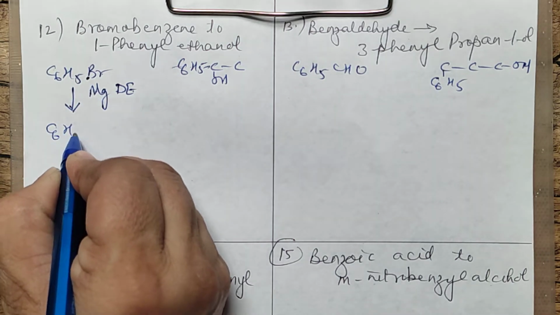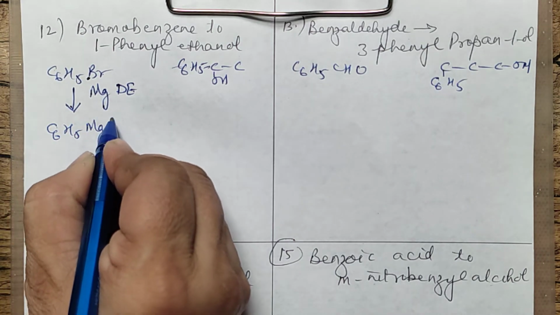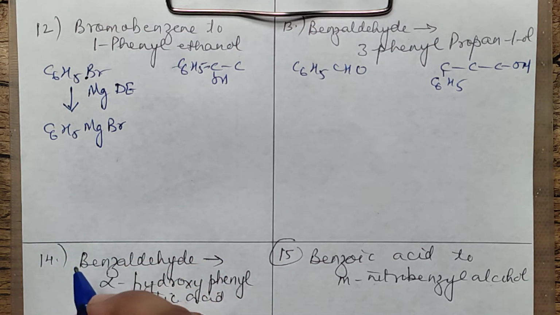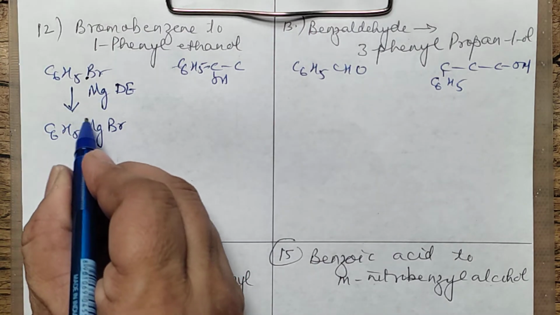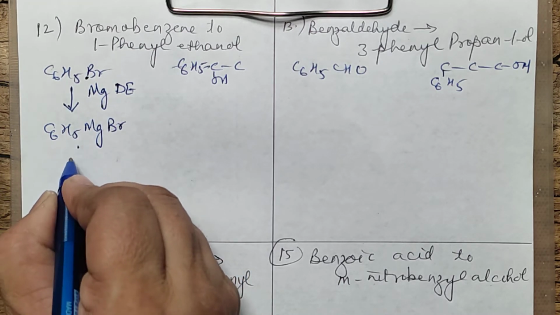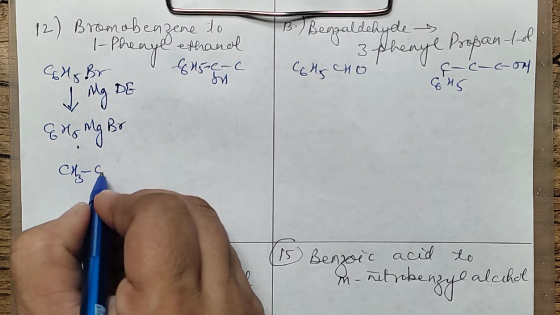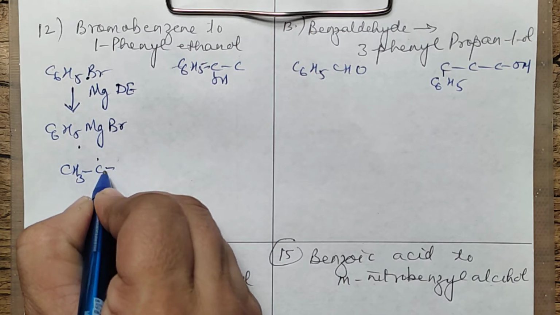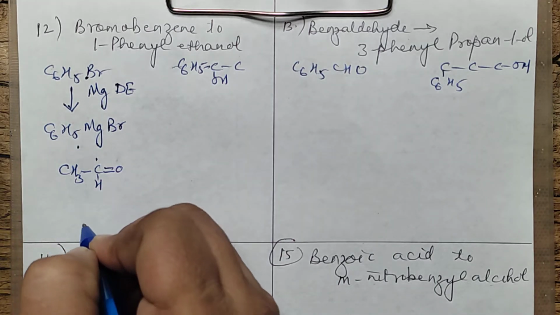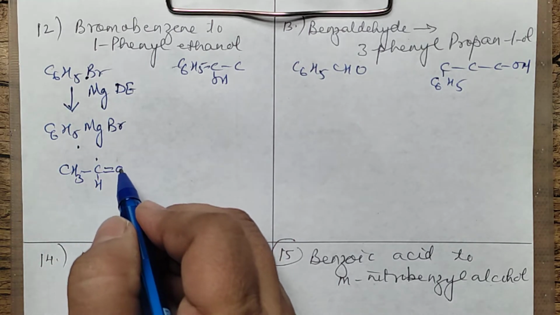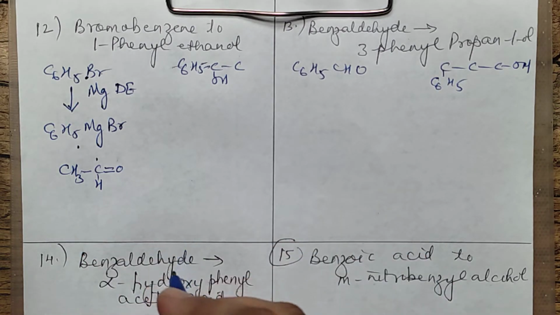So what you get is C6H5MgBr. You're getting phenyl magnesium bromide. Now this is to be added to CH3CHO. I hope you remember how we were doing it. CH3CHO, acetaldehyde, nucleophilic addition reaction, not addition elimination.